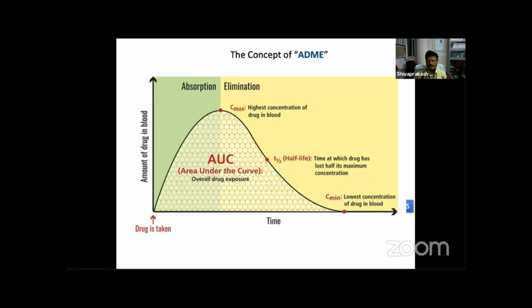This is the curve, you know about it already. Whenever the drug is given, the concentration increases with time. Every drug will have a Cmax, the highest concentration reached at a particular time. And then after some time it comes down to the lowest concentration.